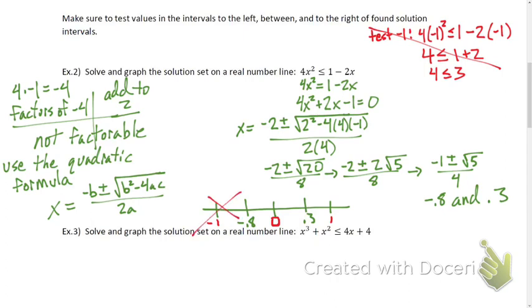Let's try 0. Hopefully you can do that one in your head. And this one looks like it works out. We get 0 less than 1. So that middle interval is a solution. Let's test out the last one.